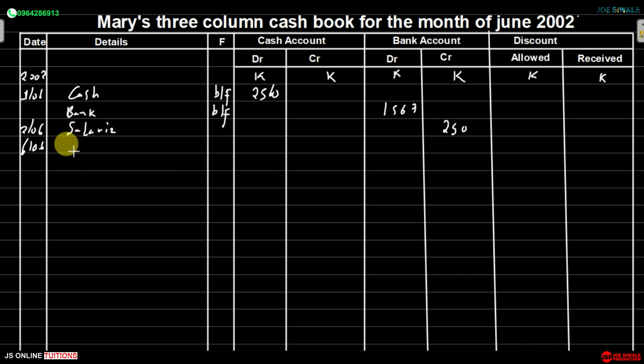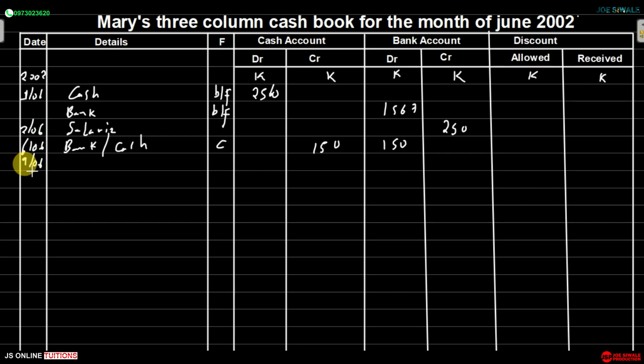So we're going to say bank stroke cash. So this is a contra entry transaction. The cash account is going to be credited with 150. Then the bank account is going to be debited with 150.